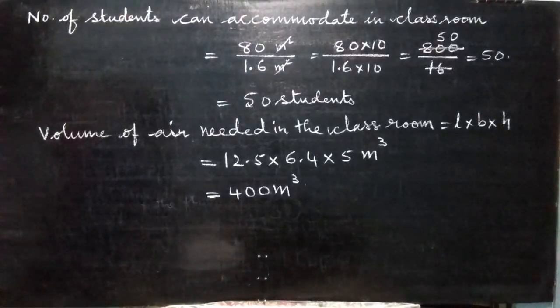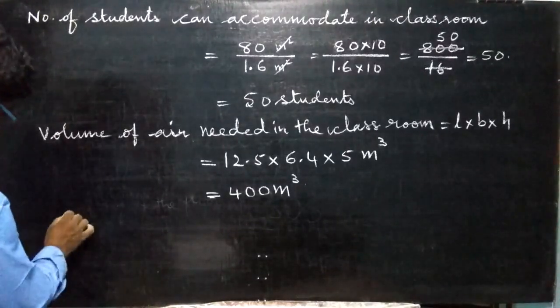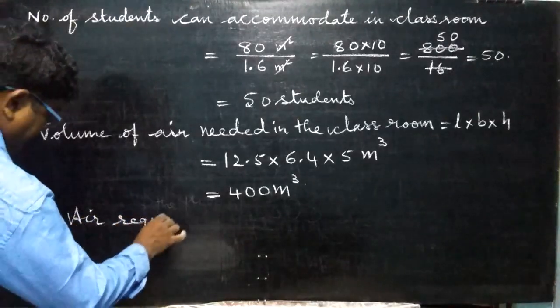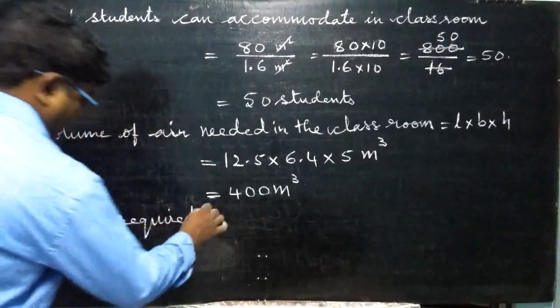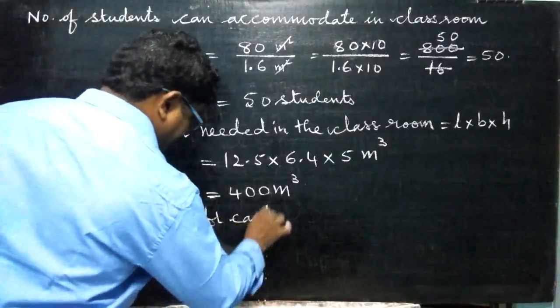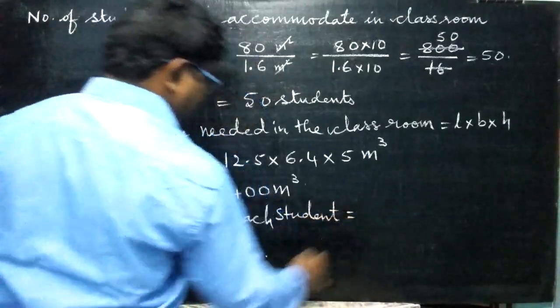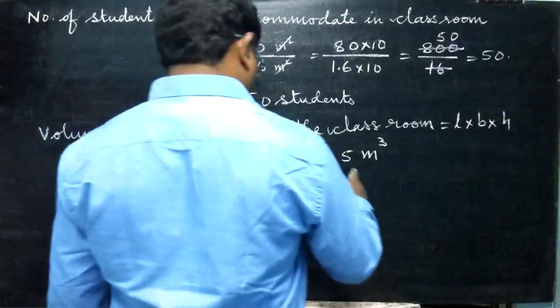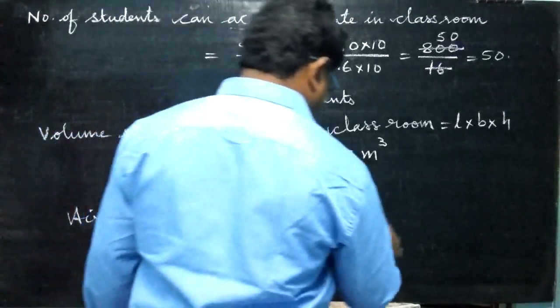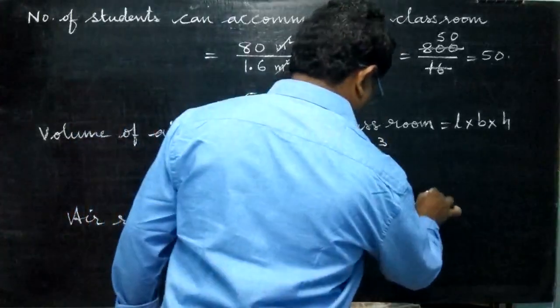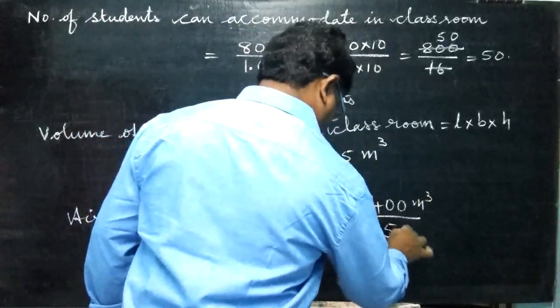Next question. How many cubic meters of air would each student get? Air required for each student is equal to volume of the room, 400 meter cube, by number of students, 50.